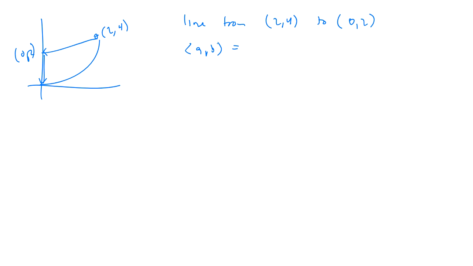So if I'm going from 2, 4 to 0, 2, I subtract the first from the second. So I do 0 minus 2, 2 minus 4, plus where I start, plus the vector. And the nice thing about this is, in this case, t will always go from 0 to 1.